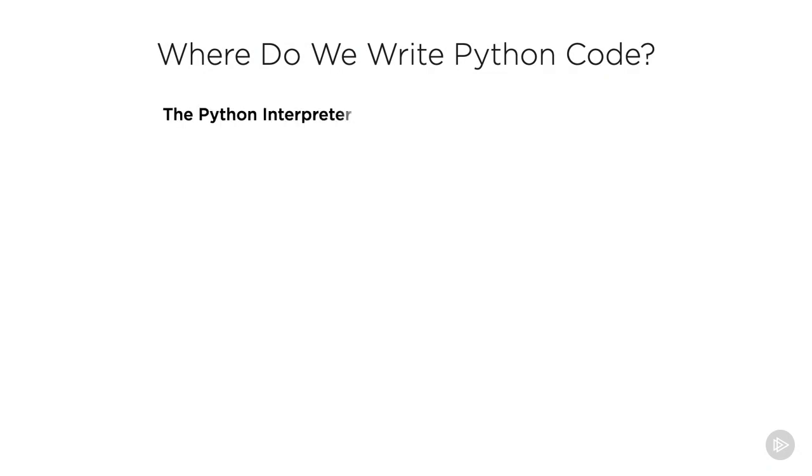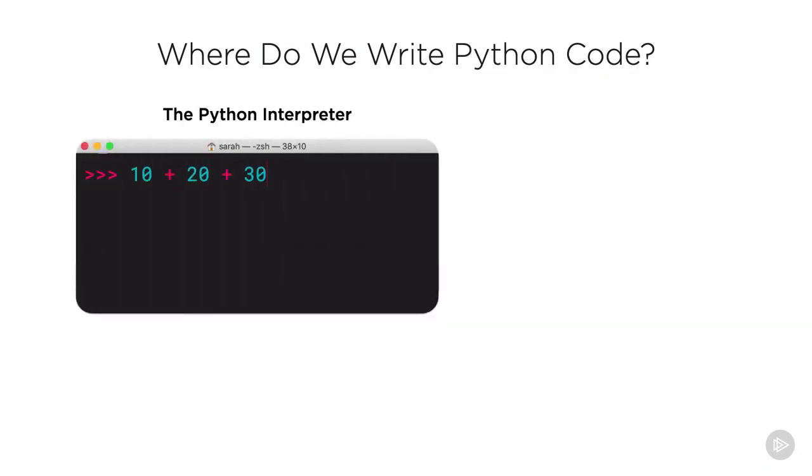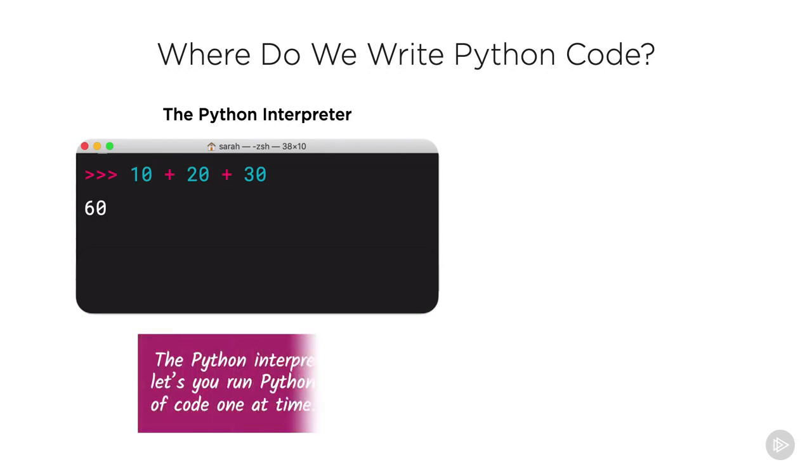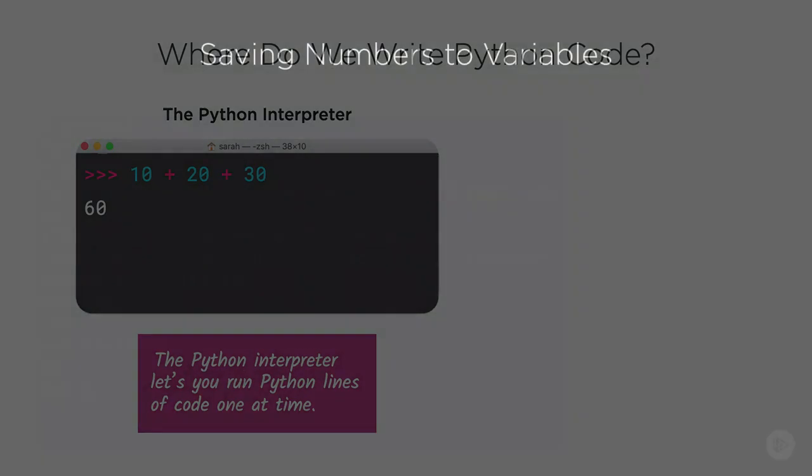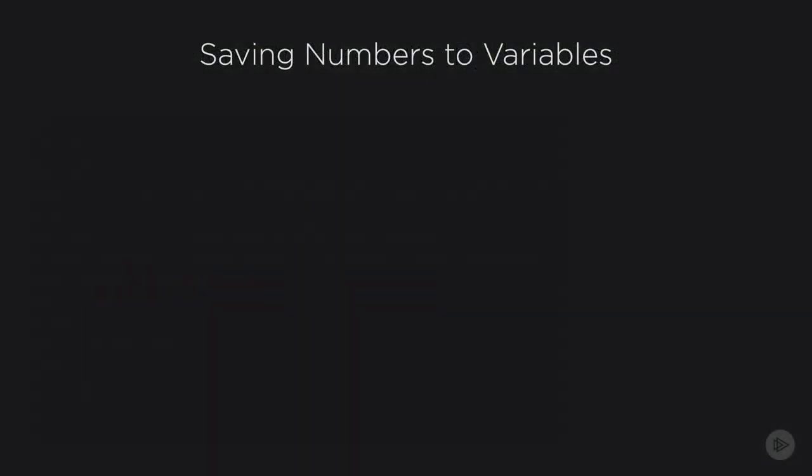There are two ways we can write Python code. First, in the Python interpreter or shell, you can see the 3 carets and we can enter in lines of Python and immediately see the result. We can also use the interpreter to assign values to variables. For instance, let's calculate the area of a rectangle.